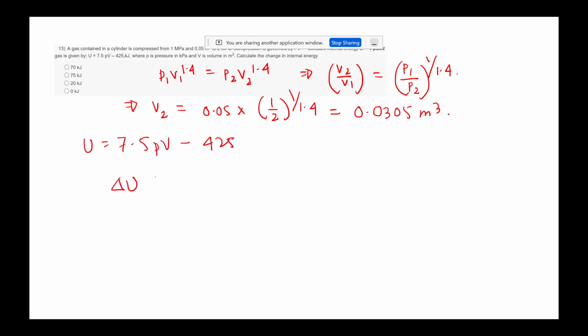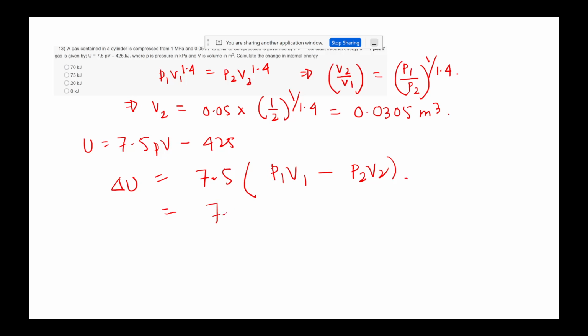So U is 7.5 PV minus 425. So delta U then will be 7.5 times P2 V2 minus P1 V1. Final minus initial.